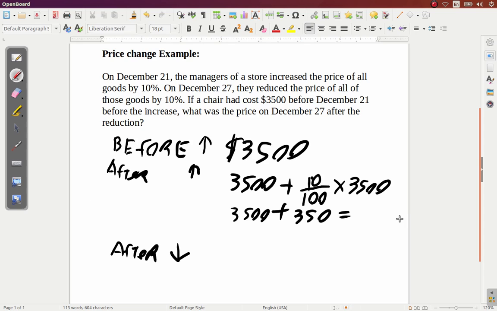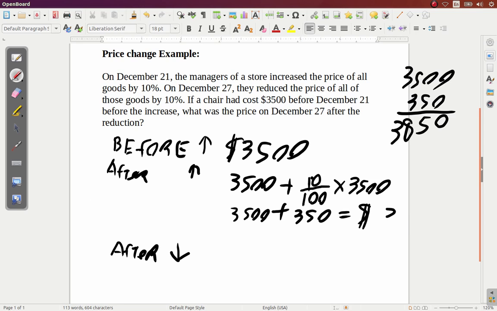What is that? 0 and 0, 0, 5 and 0, 5, 5 and 3, 8, 3 and 0, 3. It now costs $3,850. Now it's not going to drop back down to 3,500 because what we're going to take off is the same 10%, but 10% of a bigger amount of money.